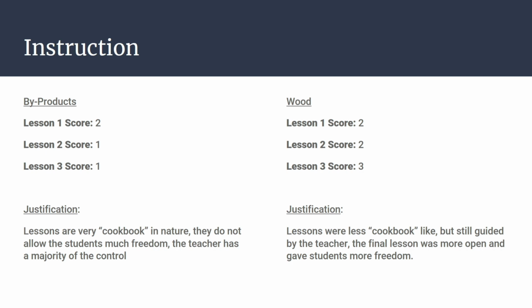On the wood side, you'll see that the lessons were less cookbook, so there was actually mathematical problem solving in lesson 2. There was also a bit of inquiry with testing the buoyancy of the blocks of wood in lesson 2. And so the students were asked questions. What did they think? Make predictions. So you can see that's actually going more into a facilitating role as an instructor.